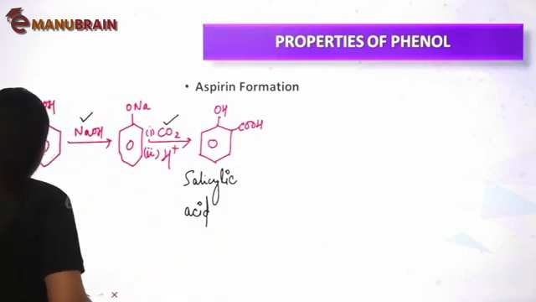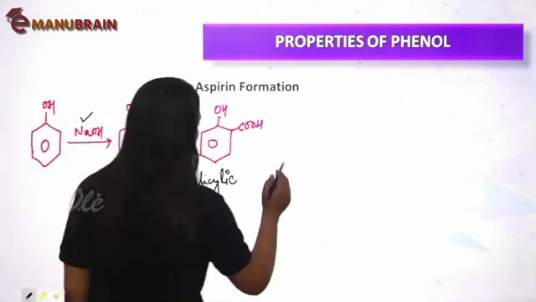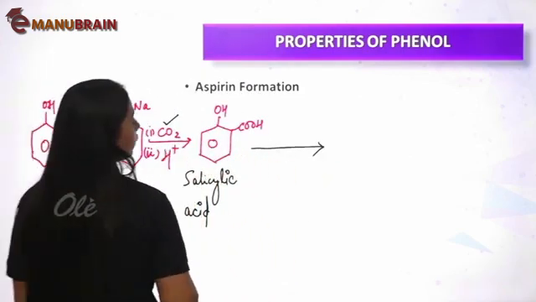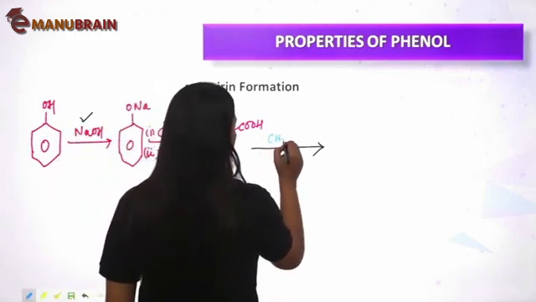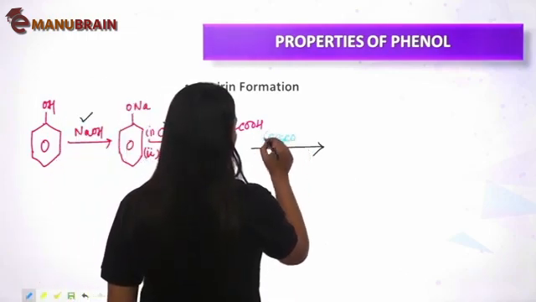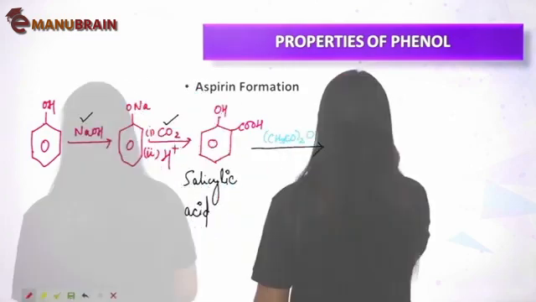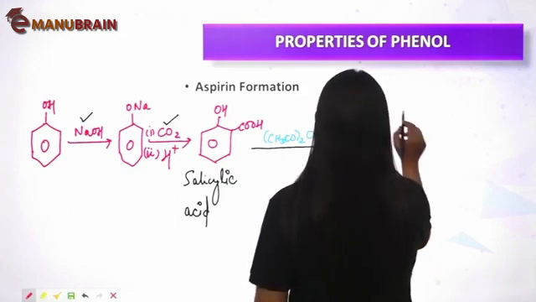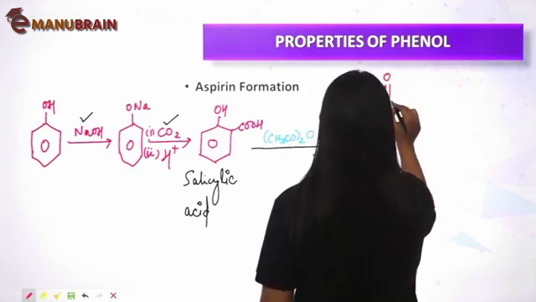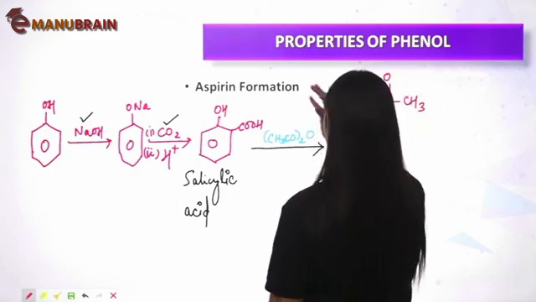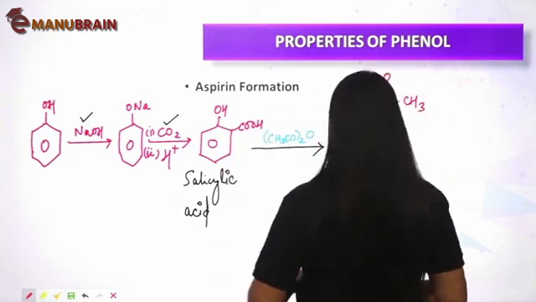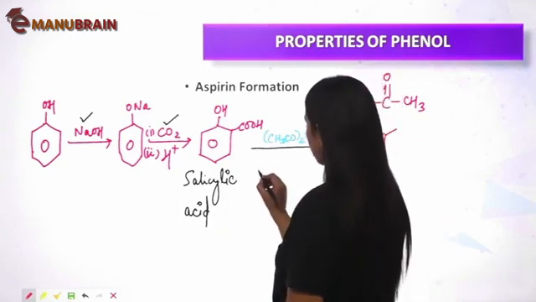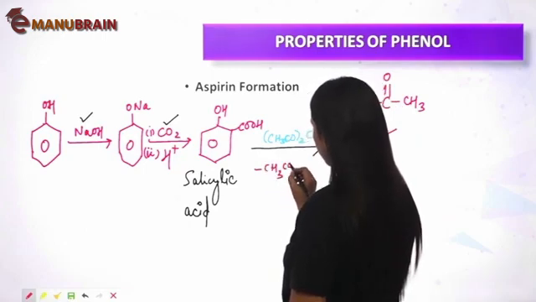So what happens is that when this salicylic acid reacts with acetic anhydride, okay, then it gets converted into aspirin. An acetyl group is introduced on the O part of the OH group, okay, and CH3COOH is released.